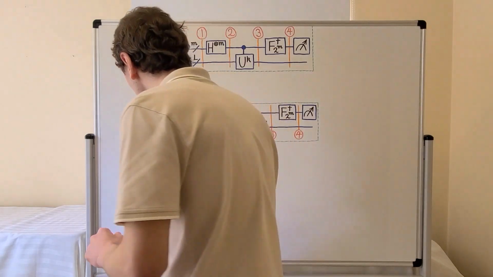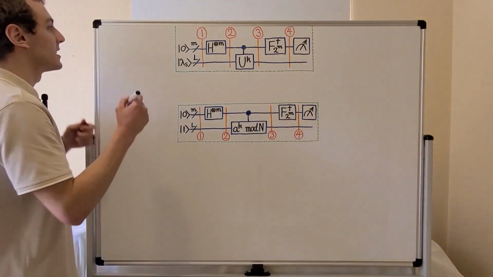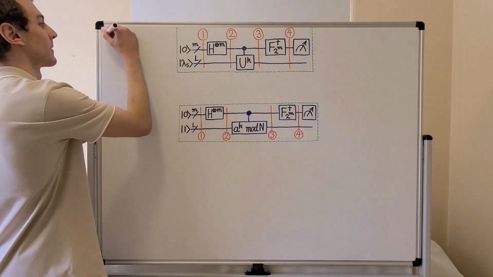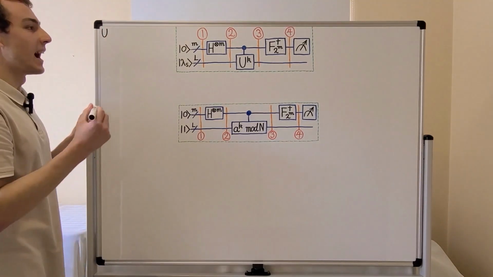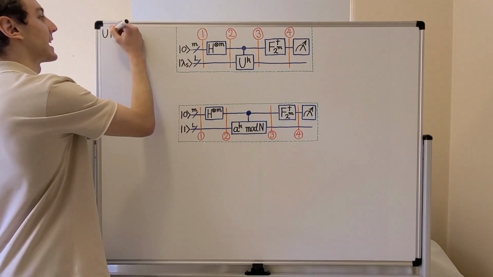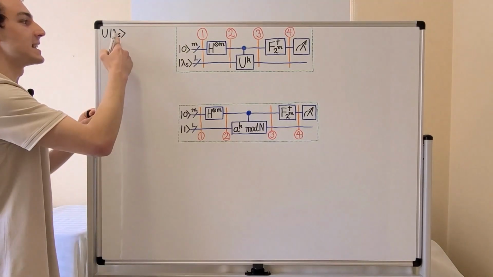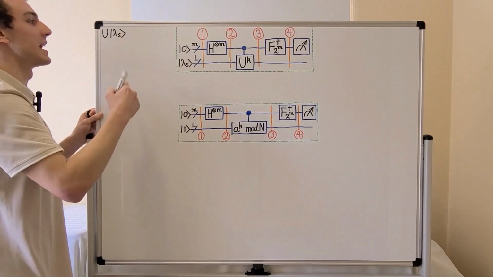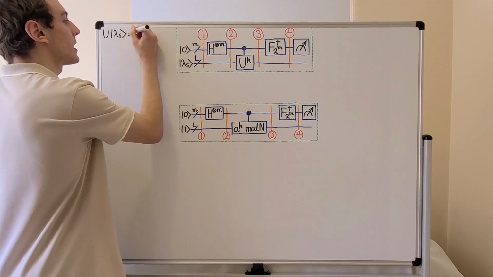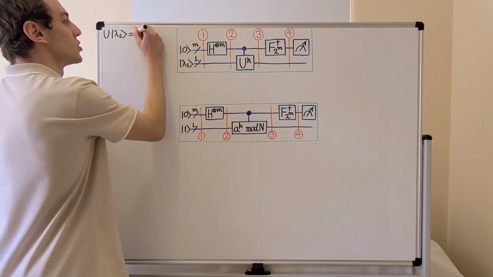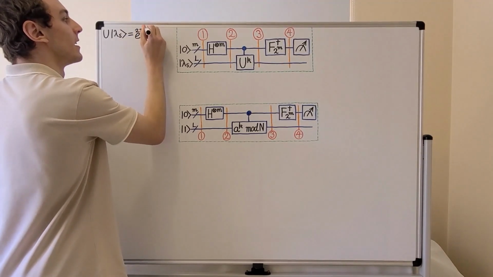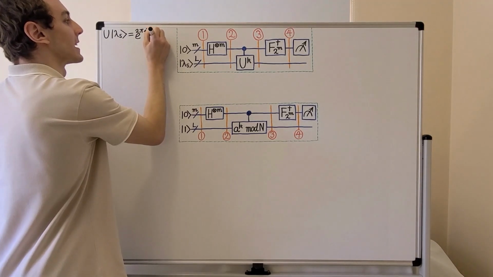Consider a unitary operator denoted by capital U. U has an eigenstate denoted by ket lambda sub s. And this eigenstate is associated with an eigenvalue, which we can express as e to the 2 pi i phi sub s.